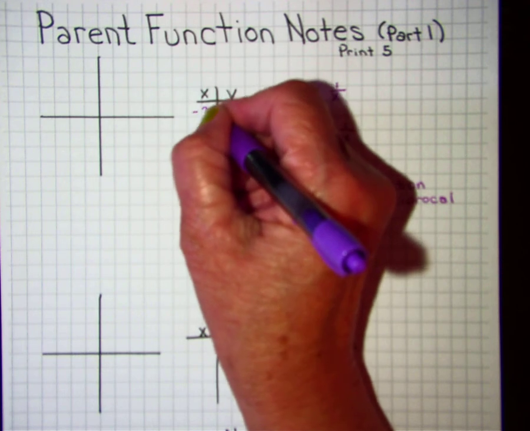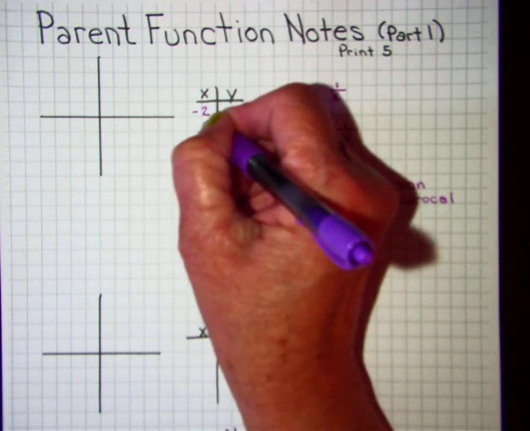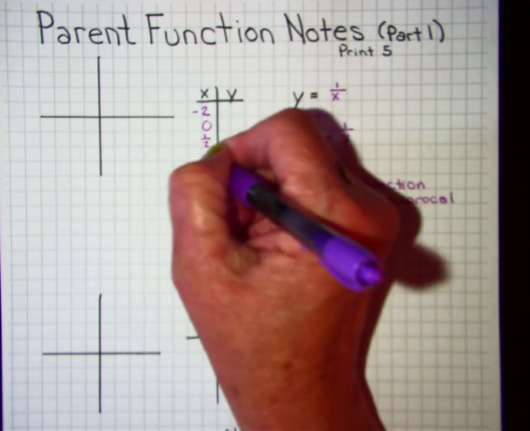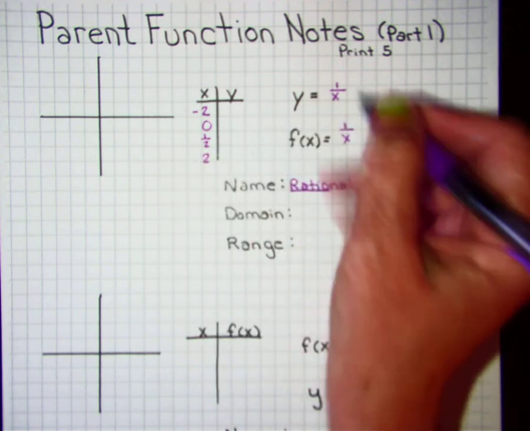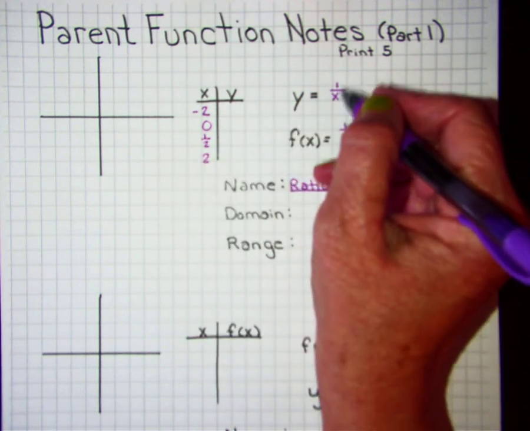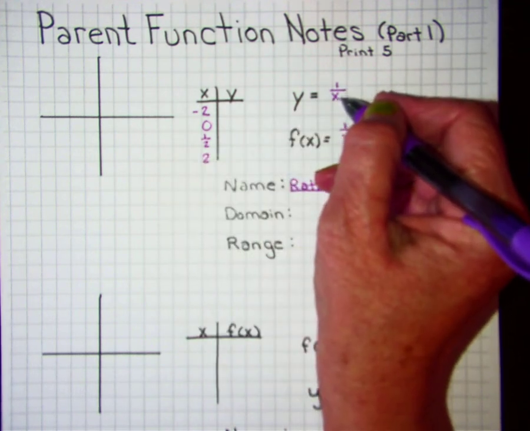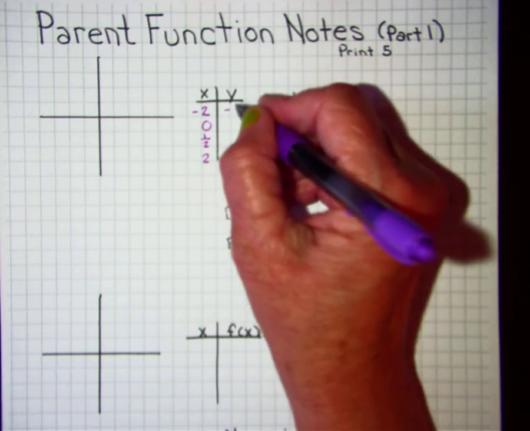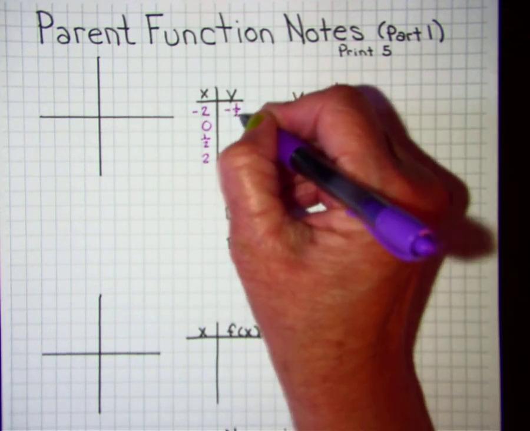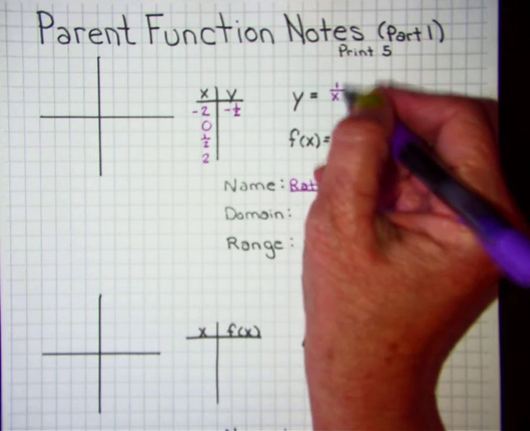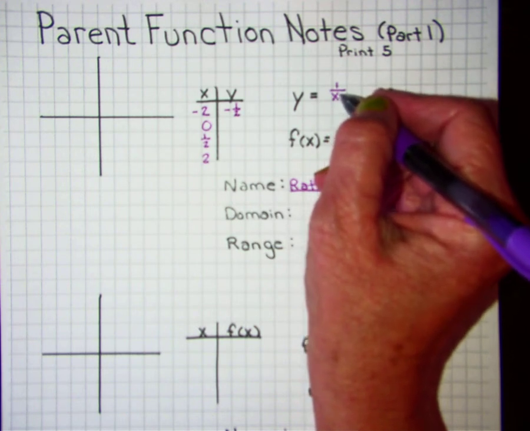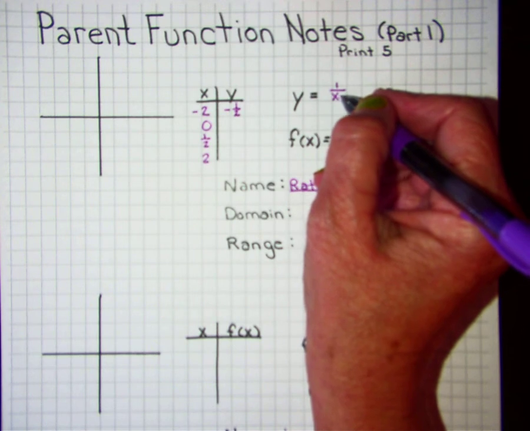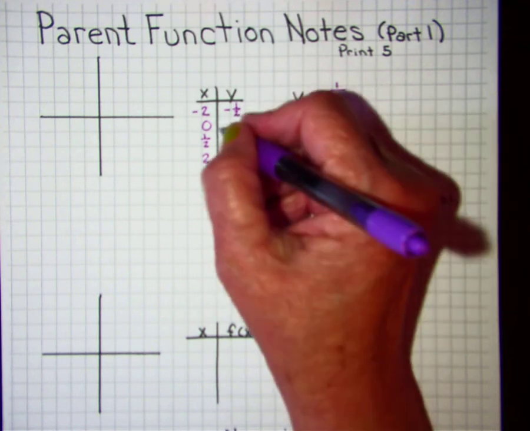Let me do a -2, a 0, a 1/2, and a 2. Okay, if I look at 1 over -2, I just have a -1/2. So I'm good with that. If I look at 1 over 0, I have something that does not exist. I can't have anything divided by 0. It can't happen.